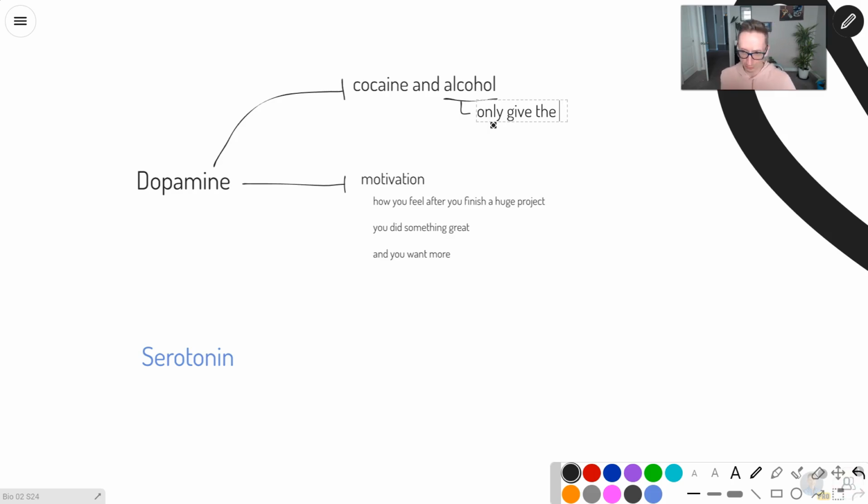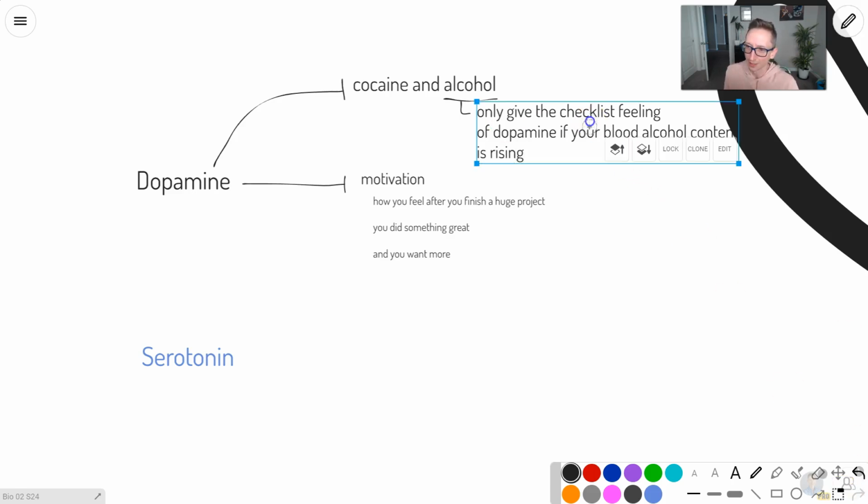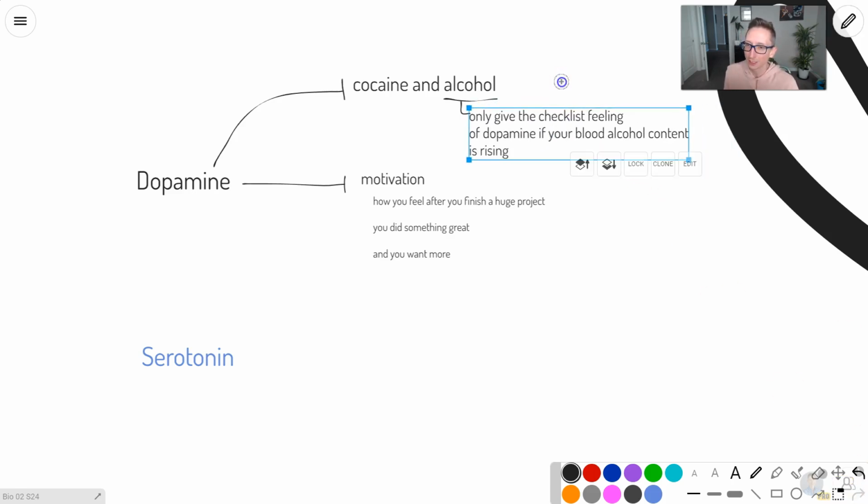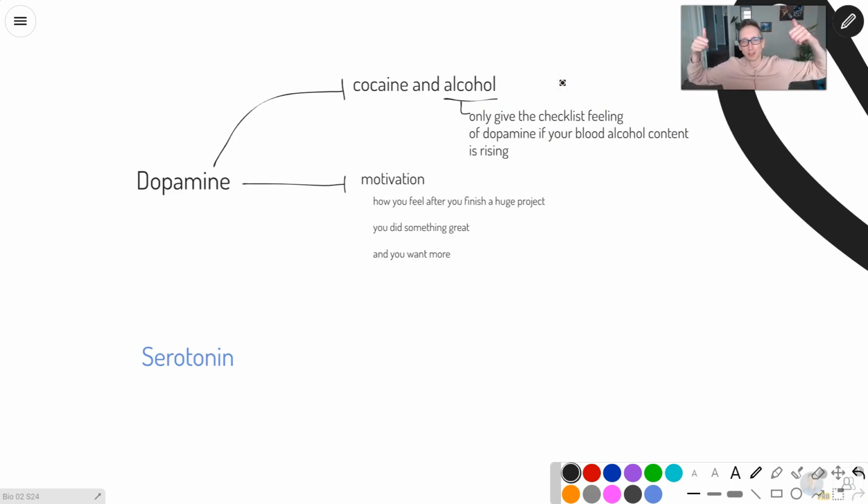Alcohol will only give you that checklist feeling of dopamine if your blood alcohol content is rising. That's why it's kind of scary, because in order to keep getting that feeling, you have to keep drinking more and more so that your blood alcohol content keeps going up and up.